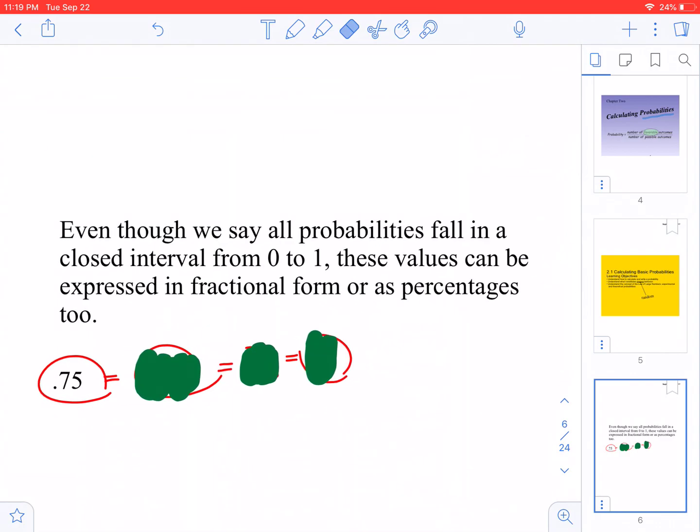First of all, writing out probabilities. First of all, the values are between 0 and 1, always. Rarely do we come across in life things that are actually 0 or actually 1, but in reality, theoretically, you could get those values. Now, the way we write them out, you can do in fractional form, what we call ratio form, or as a percentage, or you could write them out as a decimal.